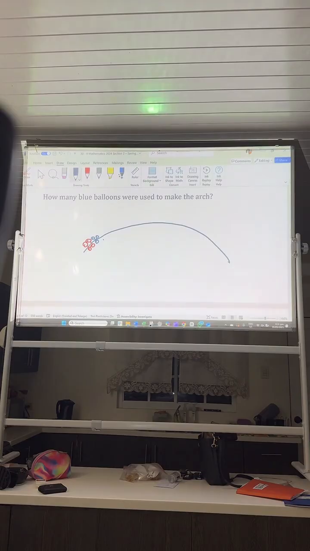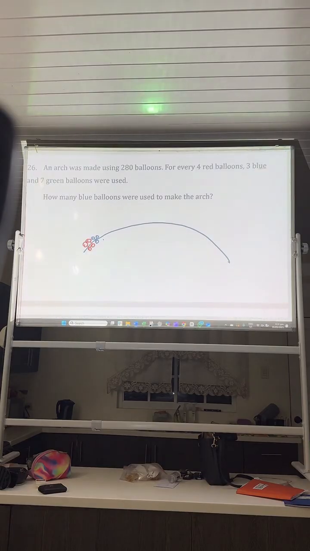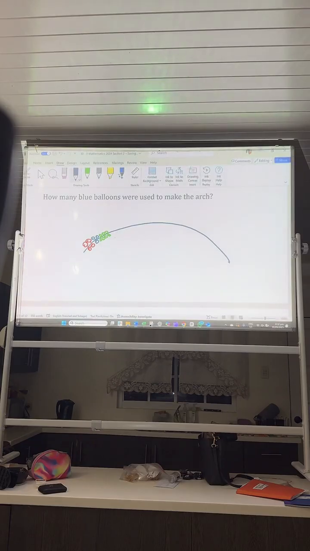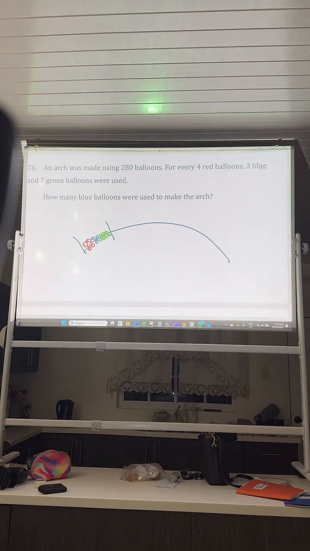And how many green? 7 green. So let me put the green right here: 1, 2, 3, 4, 5, 6, 7. So this here is one set.